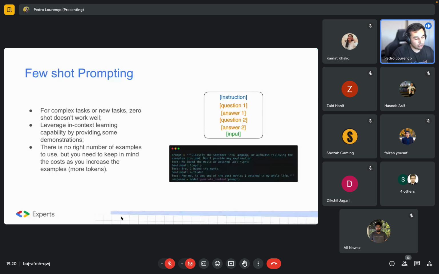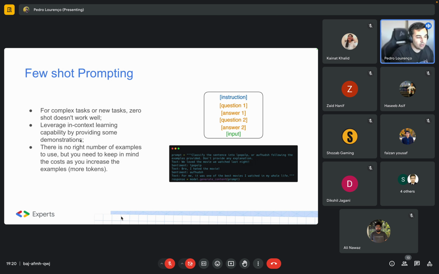Basically, when you provide some demonstrations or some explanation in the prompt, the large language models can use this to make better predictions. So it's very important when you are dealing with a complex task or a new task. And in the few-shot prompt, what is the layout of the prompt you want to use?